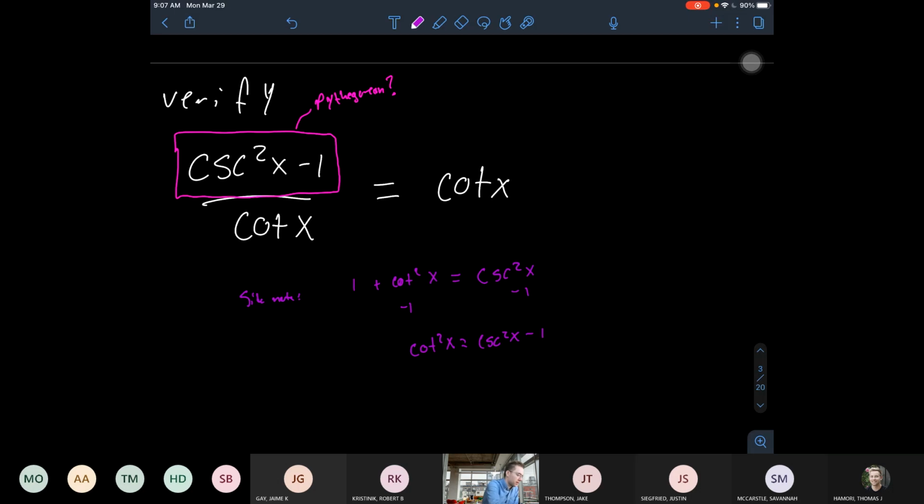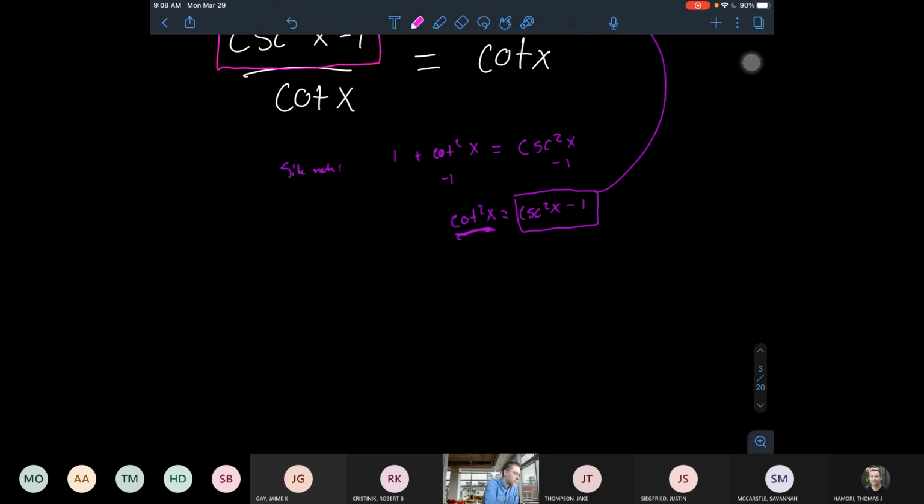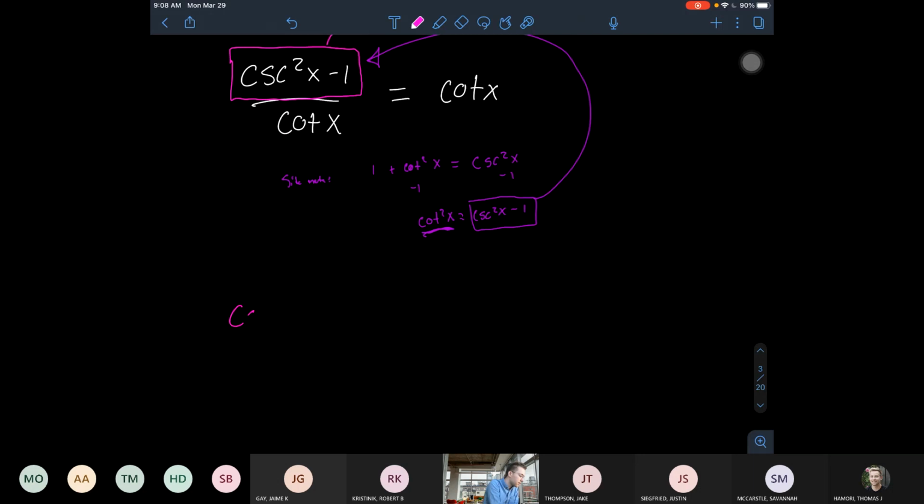And now I can see something. This right-hand side here, cosecant squared x minus 1, is exactly the numerator of our fraction here. So I'm going to replace the numerator by something which is equivalent. I take cosecant squared x minus 1 over cotangent of x.